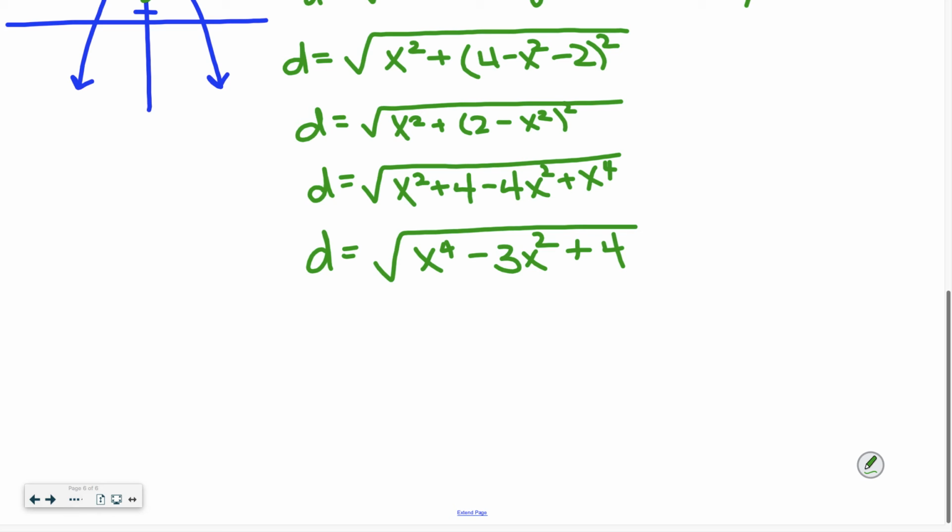So I will let you find the minimum of x to the 4th minus 3x squared plus 4 so that you don't have to worry about the radical in your derivative. If we minimize this, then we're minimizing the square root of it. It's less work, right? Take that derivative and find me the critical points.